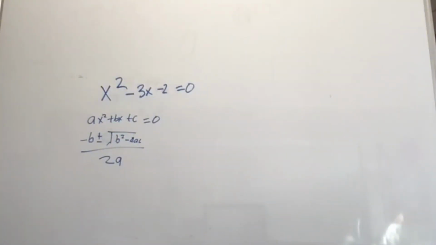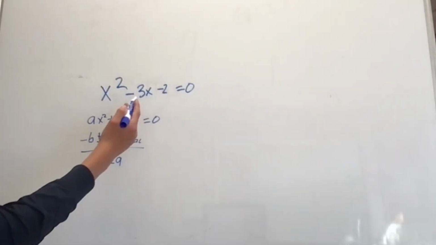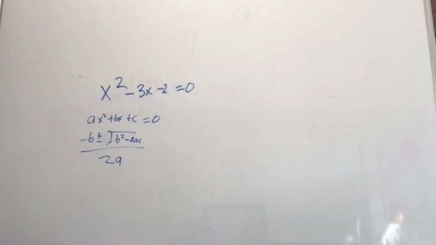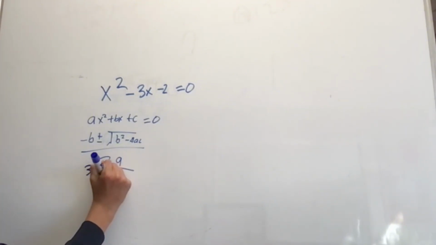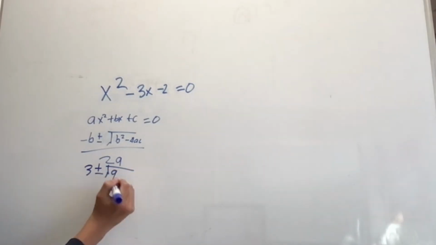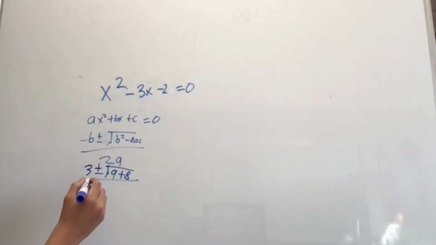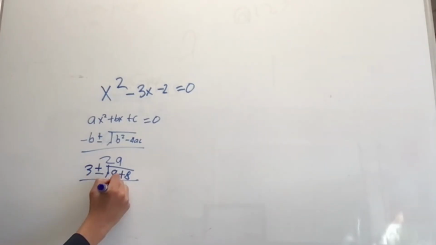Let's try to plug in the solution for this equation here and see what the quadratic formula tells us. For the part of -b, b equals -3, so -b equals 3. And then plus minus square root of -3 squared, which is 9, minus 4 times -2 times 1, which is plus 8, over 2 times 1 because the coefficient of x squared is 1.